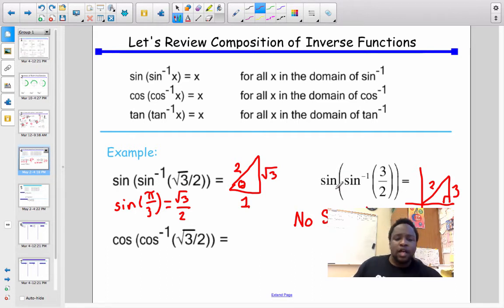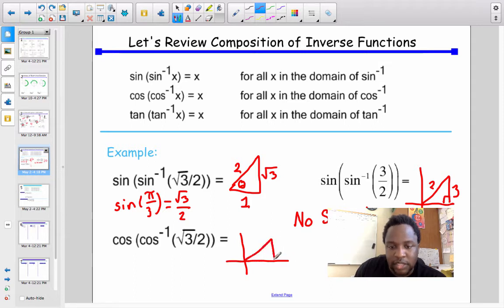Okay? And then let's try this one. Cosine of inverse cosine of square root 3 over 2. So let's draw this out. The adjacent side is going to be square root 3. The hypotenuse is going to be 2.